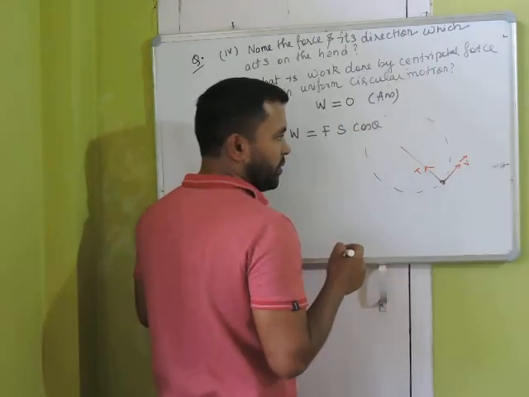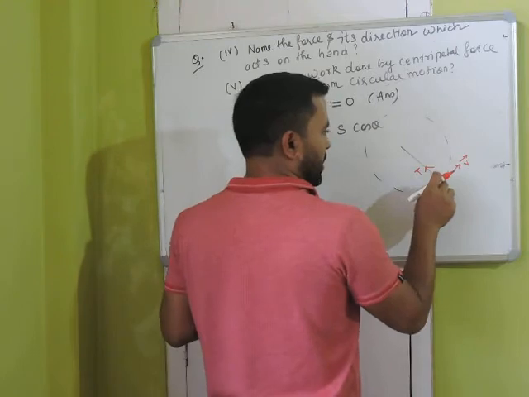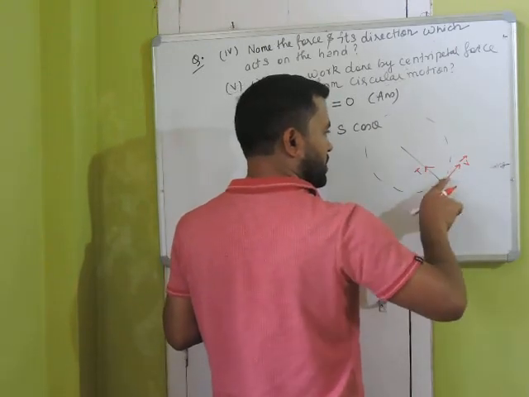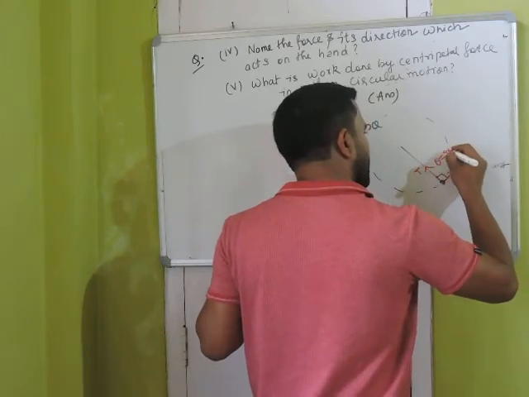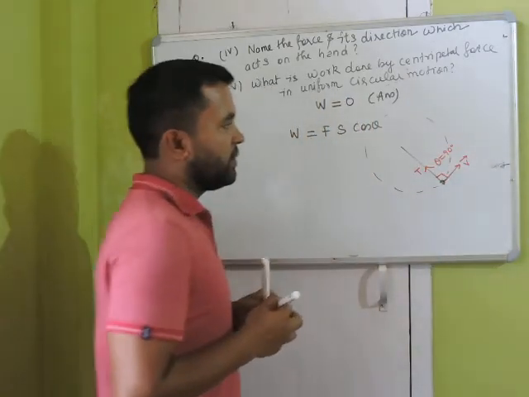What is the angle between tension and velocity? This is along the string, this is tangent, this is 90 degrees. Theta is 90 degrees.